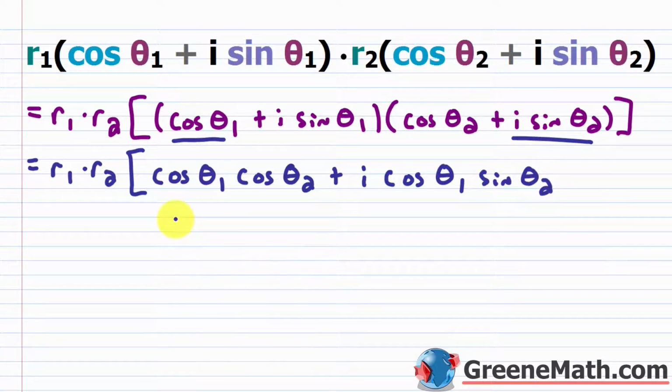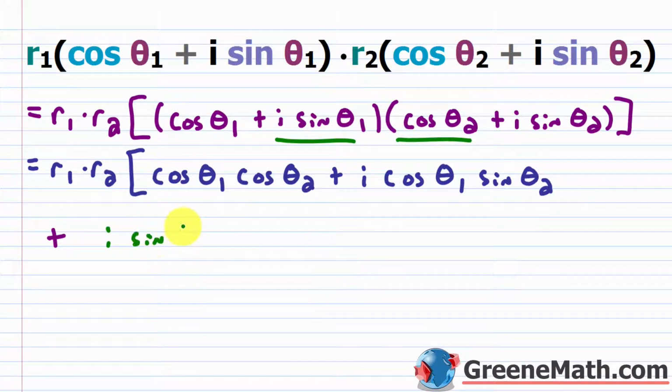I'm going to put this down here because it's going to run off. So plus, and now we're doing the inside, this one times this one. So you would have i times the sine of theta sub 1 times the cosine of theta sub 2.